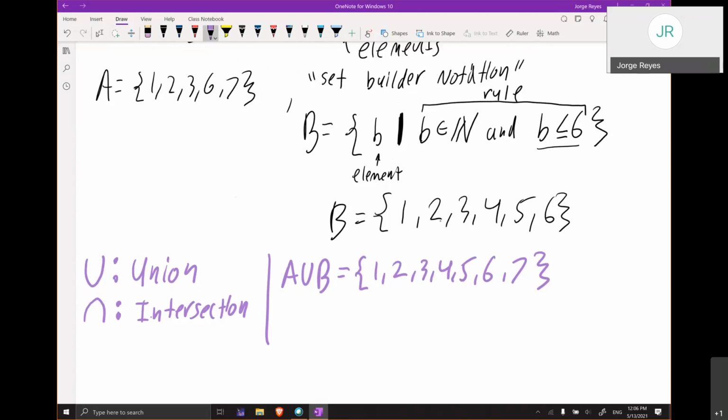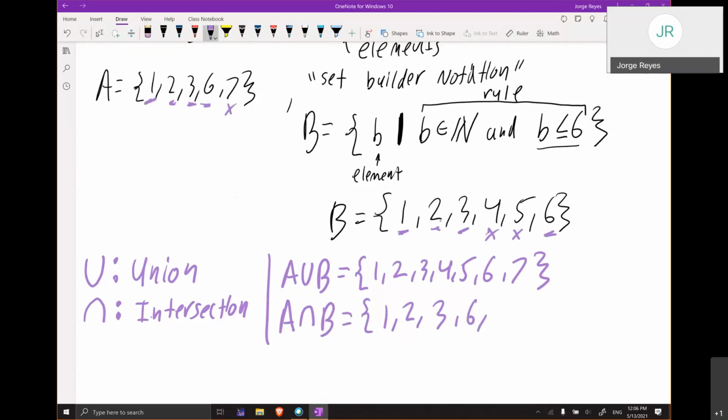Now A intersect B is what they have in common. So you look at them and you're like, okay, they both have 1, they both have 2, they both have 3. A does not have 4, and it doesn't have 5, but they both do have 6.